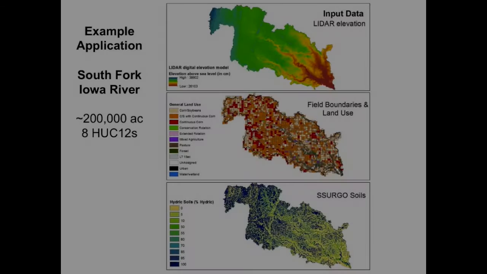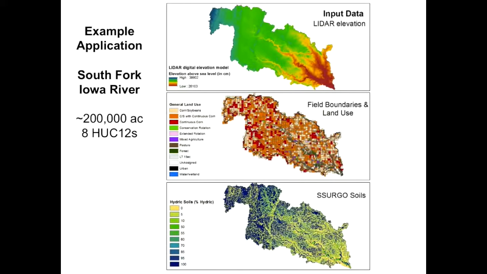Okay. And so I'm going to take you through an example application here. This is a watershed that we're very familiar with, the South Fork of the Iowa River in north central Iowa. We've been working this watershed about 15 years now. Just a representation here of the input data.